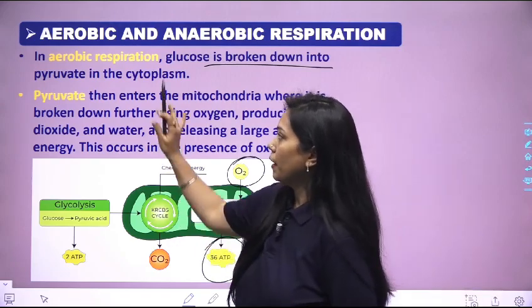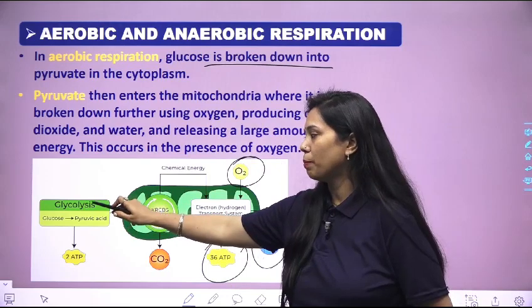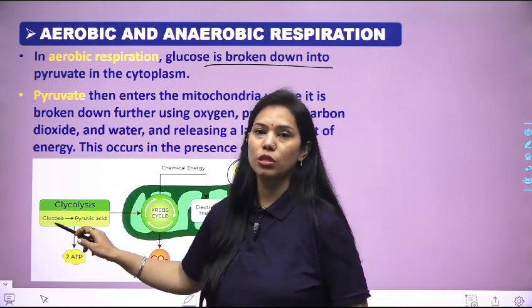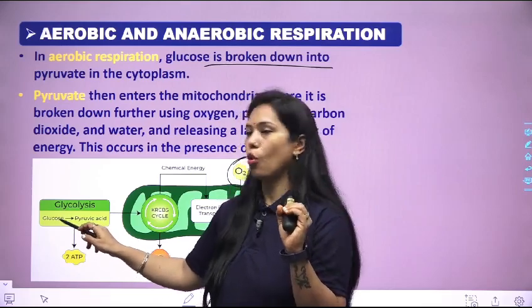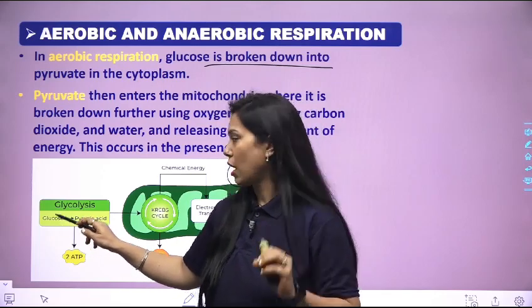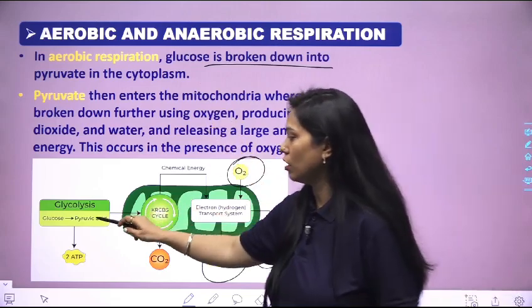Now what happens in glycolysis, that is the breakdown of glucose. After digestion, the glucose is present in the cells. This glucose is broken down into pyruvate in the cytoplasm.